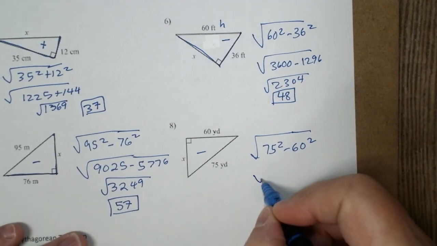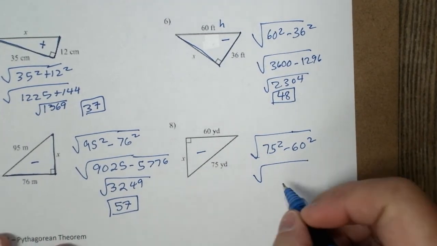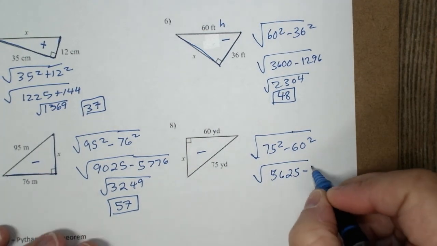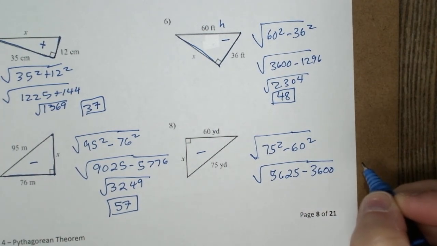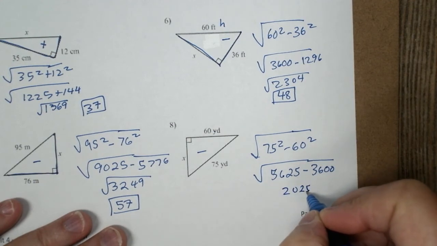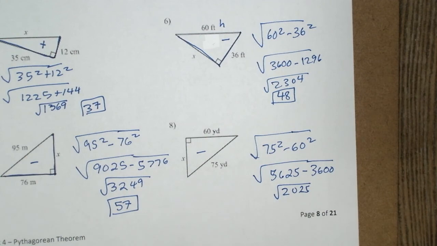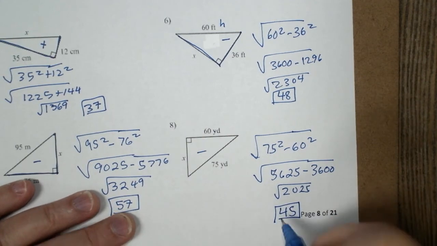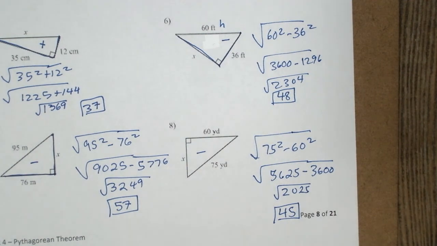And that's 45. The instructions say find the missing side and round the answer to the nearest tenth if necessary. These all came out integers, so we are fine.